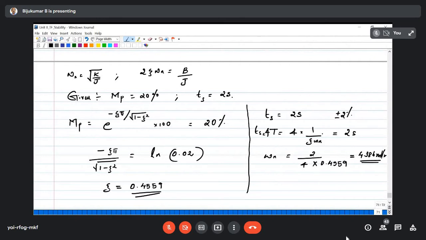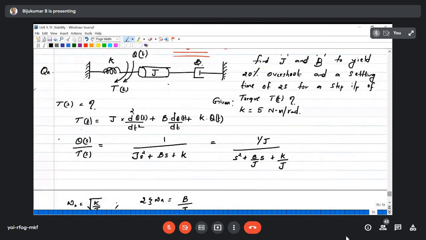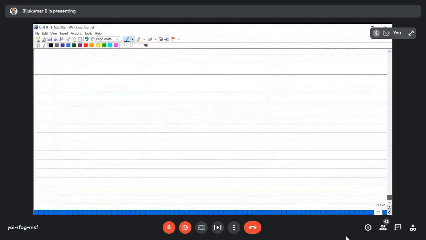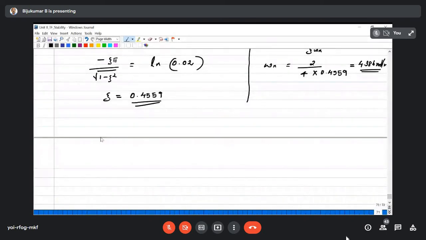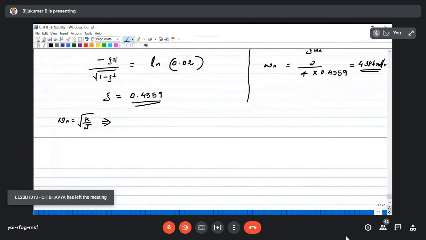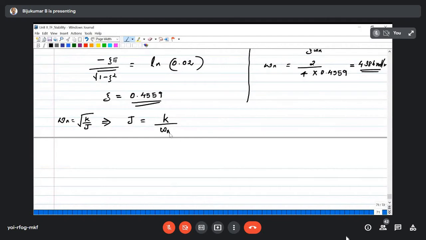Sorry, we know omega n is equal to root K by J. K is also given, right? So you can directly calculate J. Omega n equal to root K by J, from this we can write J is equal to K divided by omega n square. K is given, right?